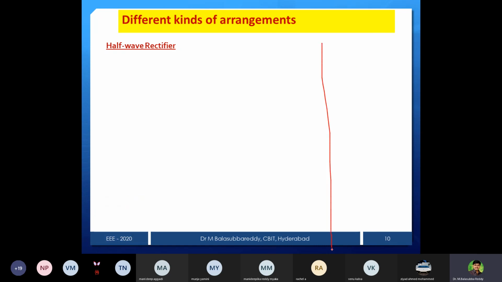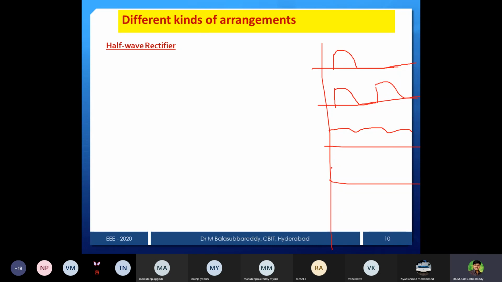You can see the output voltage for a 1 pulse converter, and this is the 2 pulse converter, and similarly for a 6 pulse converter you get 3 pulses.